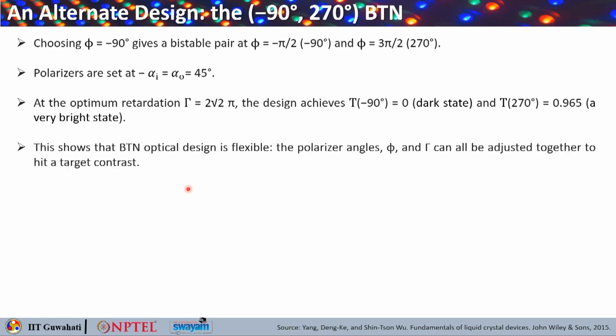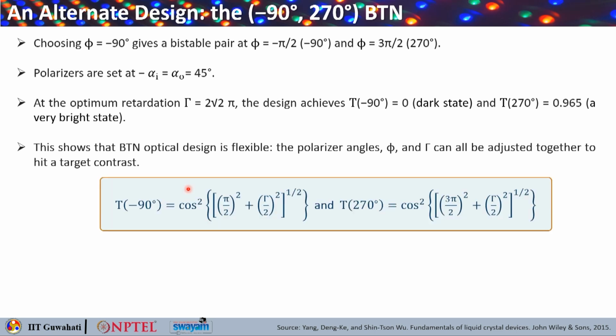So this shows that the bistable twisted nematic optical design is basically flexible. You can change the polarizer angle, the twist angle and the phi. This all can be adjusted together to hit a desired or target contrast. So in this case these are the equations which come out when you put these values in.